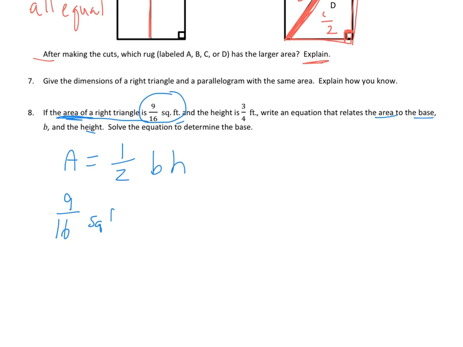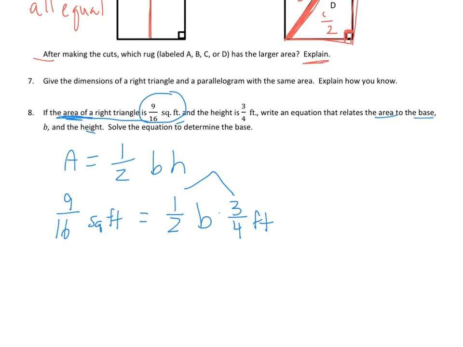And I have square feet. That's going to equal 1/2. We don't know the base yet, but we do know 3/4 feet is the height. So now, what I need to do is I need to combine my like terms. So I'm going to take half of 3/4, and then I'll be able to use my equation solving from there.